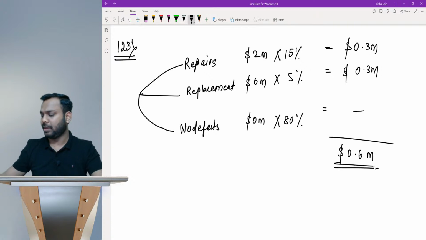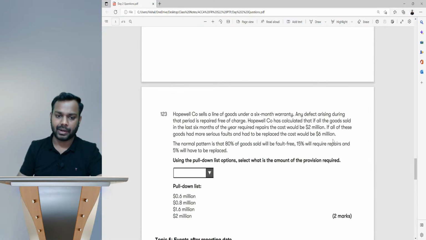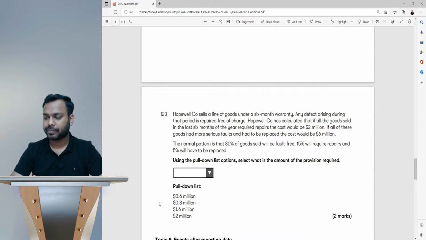So the answer to that is $0.6 million. Is that clear, everyone? Is question number 123 clear to everyone? Akshit, not 0.3, it's 0.6 in total.